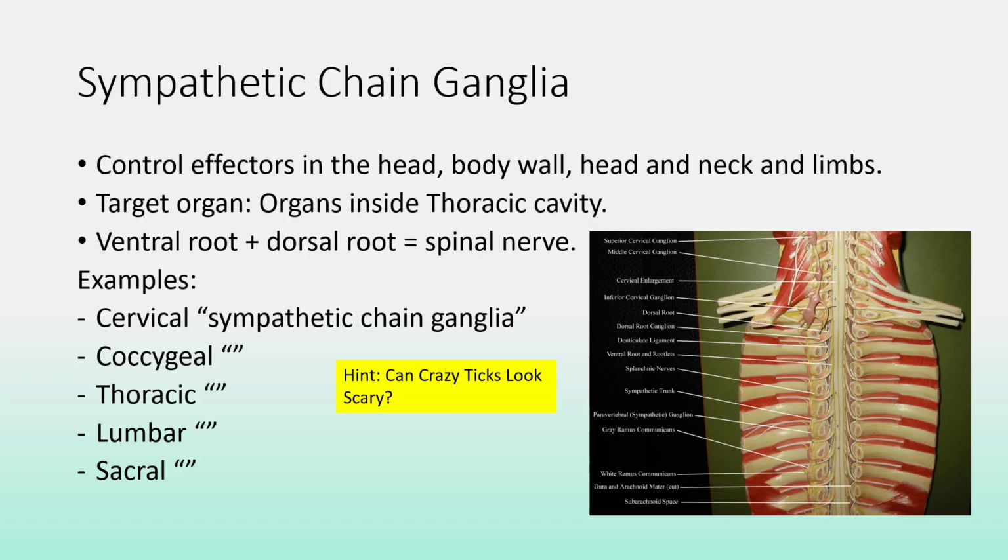and spinal nerves, which are created when the ventral root and the dorsal root combine to form that spinal nerve. Examples of the sympathetic chain ganglia include the cervical, coccygeal, thoracic, lumbar, and sacral.